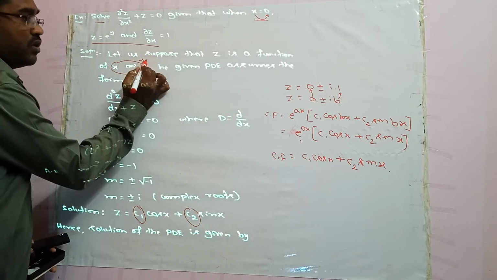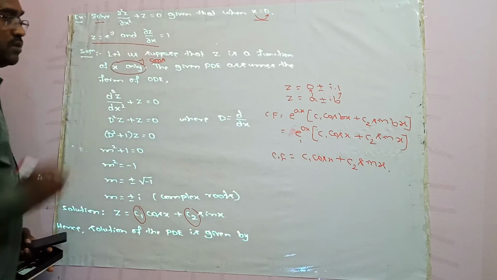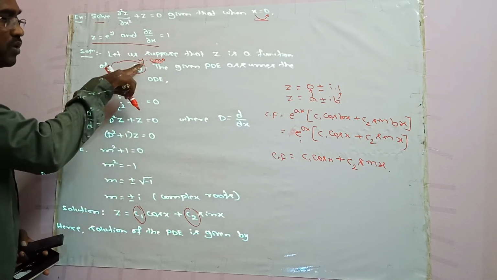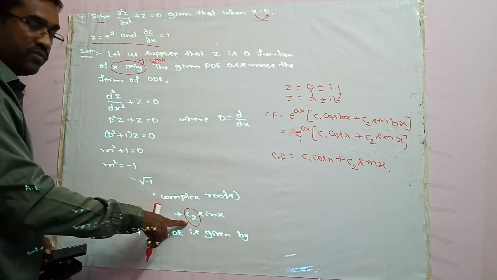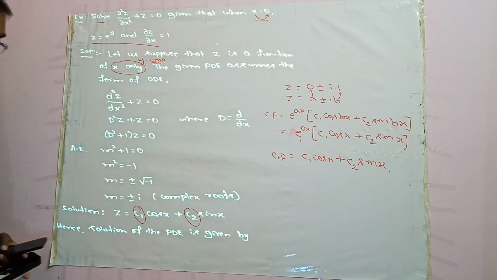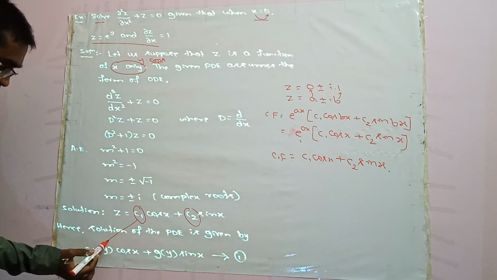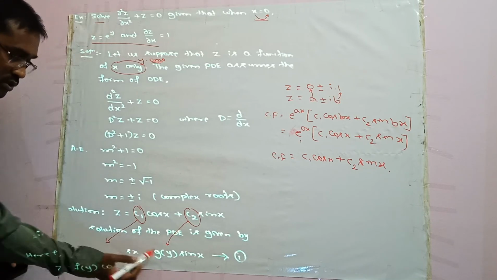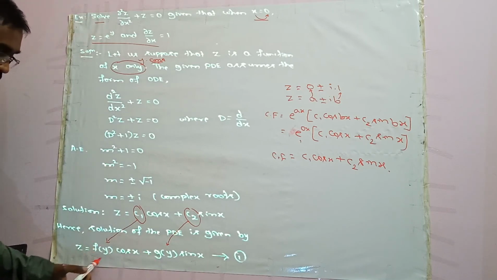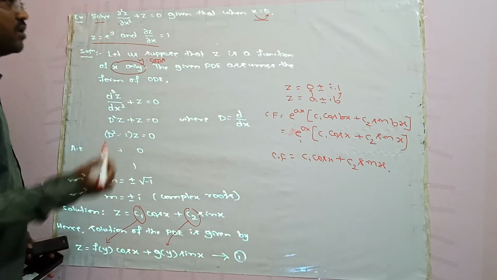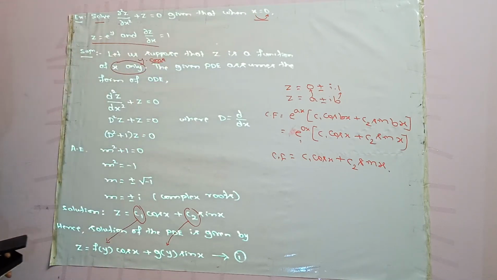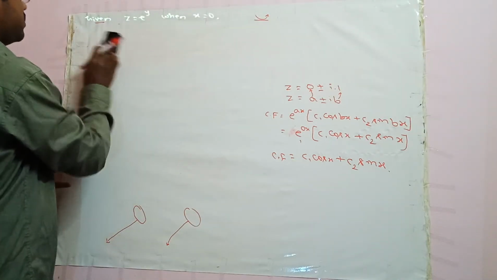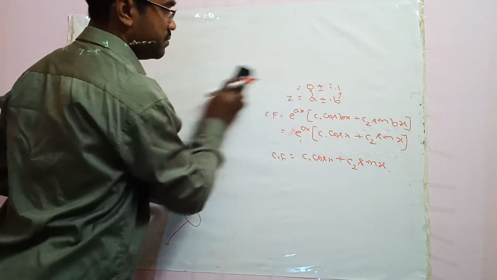You can treat the value of y as a constant, so that we can take c1 as a function of y, which will be constant, and c2 is also a function of y, which will also be constant. In the place of c1 we have taken f of y, in the place of c2 we have taken g of y. Now our aim is to find what is f of y and what is g of y using these conditions. Call this as equation number 1. Let us use the given conditions to find the values of f and g.